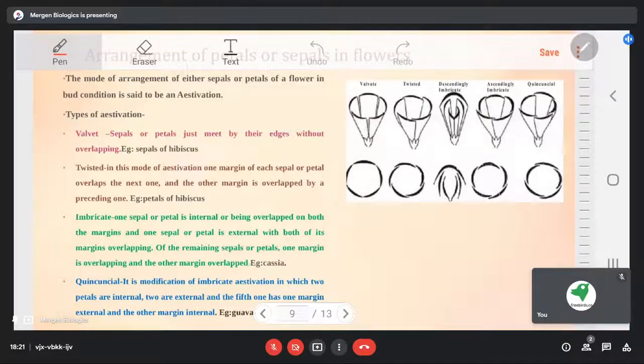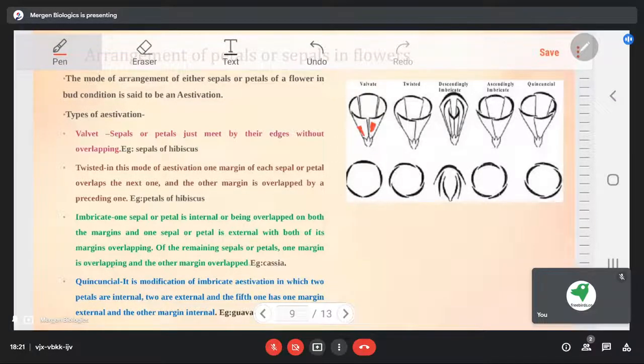That is, they are not overlapping each other. As you can see, if you consider these as sepals or petals, they are not overlapping each other. So this estivation or arrangement is known as valvate. Then comes the second one, which we have observed in the petals of hibiscus.